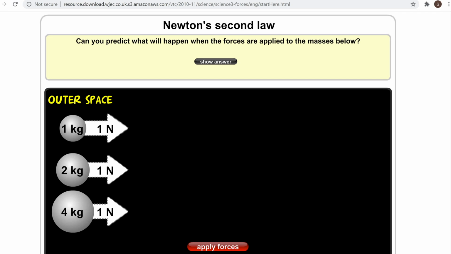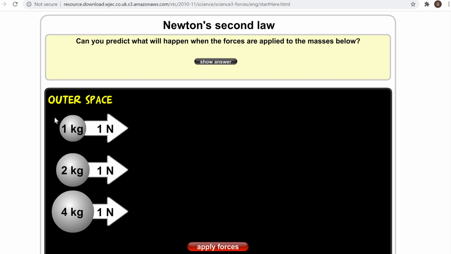Let's look at another example. This time, the forces are staying the same. It's the masses that are changing. And Newton's second law of motion tells us that mass is inversely proportional to acceleration, meaning the bigger the mass, the smaller the acceleration, or the smaller the mass, the bigger the acceleration.